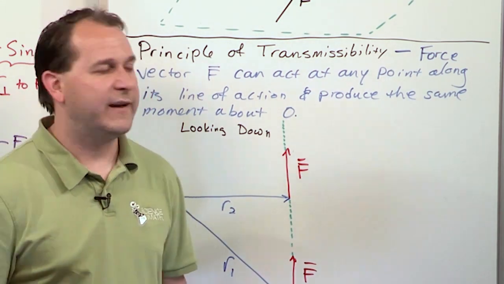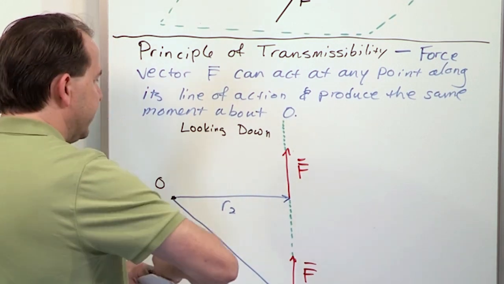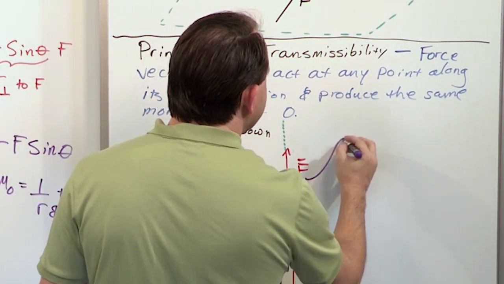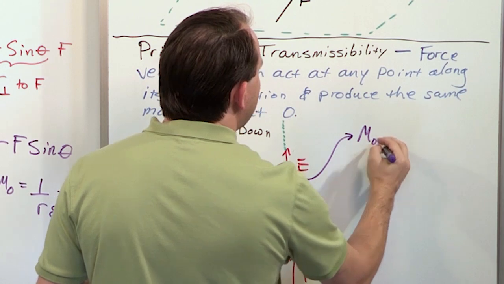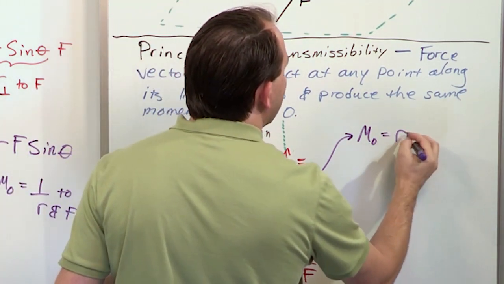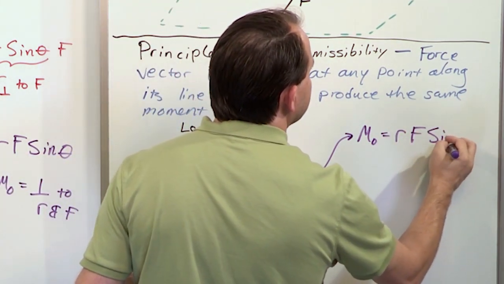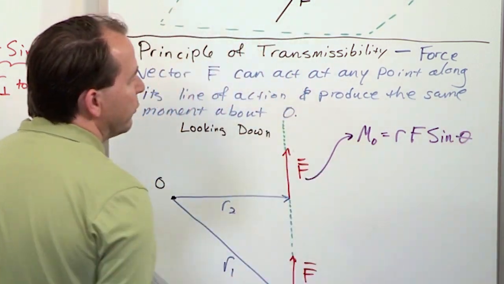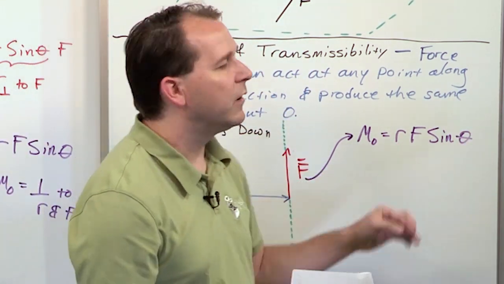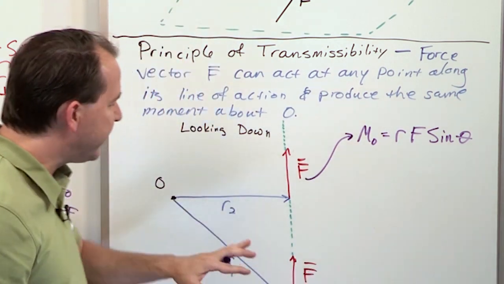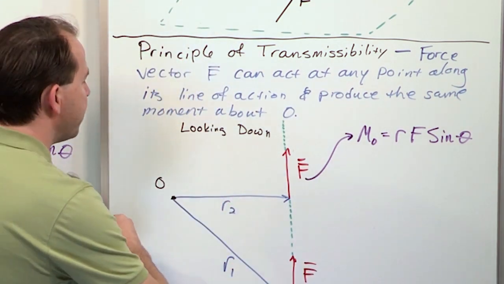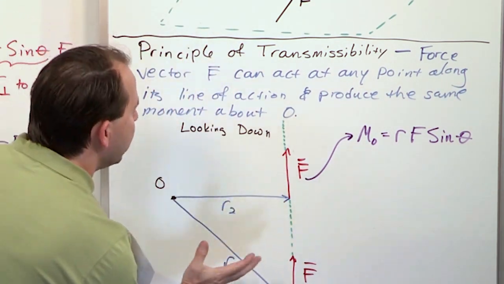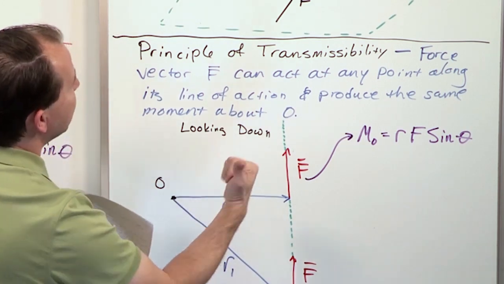So it's really just R times F. So here in this location, the moment about O is R F sine theta. This is the magnitude of the cross product of R and F. We know in this case, because it's two-dimensional, that the moment's always going to come out of the board. No matter where it is, it's always going to rotate it this way. The moment's always coming out of the board.